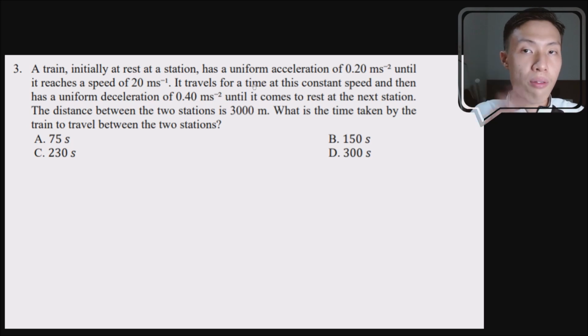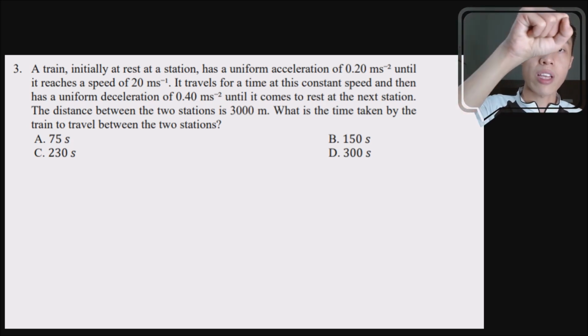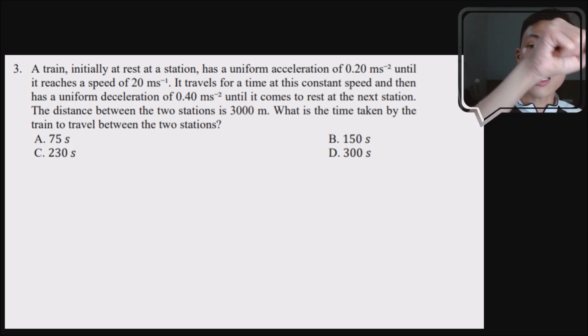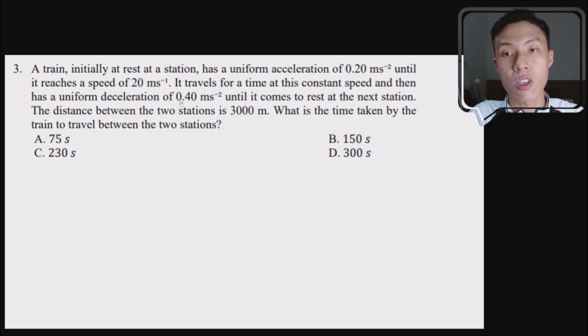And the third and final portion of the journey is one in which the train undergoes a uniform deceleration of 0.40 meter per second square until it reaches a rest at the next station. So it travels at constant speed for a certain amount of time, then after that, it starts to slow down, but it slows down at a uniform rate, which is 0.40 meter per second square, until it stops at the next station.